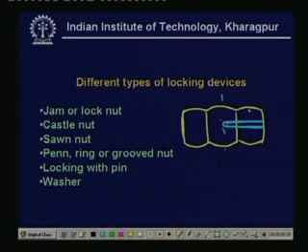So, there is another set screw inserted, so this is the set screw. Now, what is the advantage here? This is the bolt, so whenever it vibrates, the set screw provides additional friction, and that gives the required damping to resist vibrations. So, this is known as sawn nut.